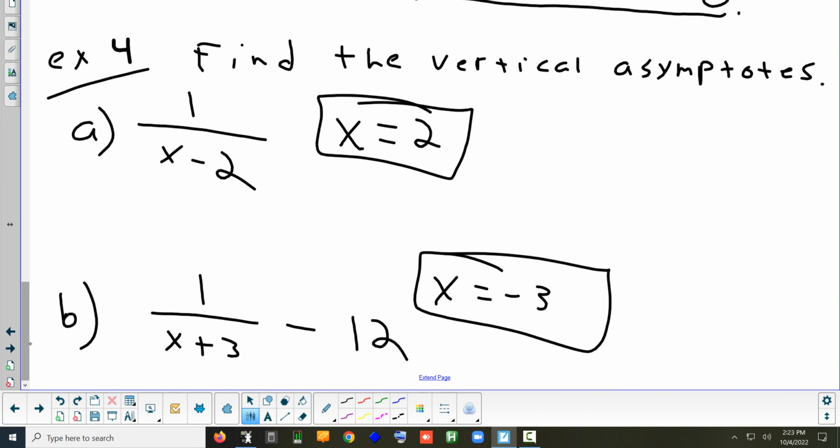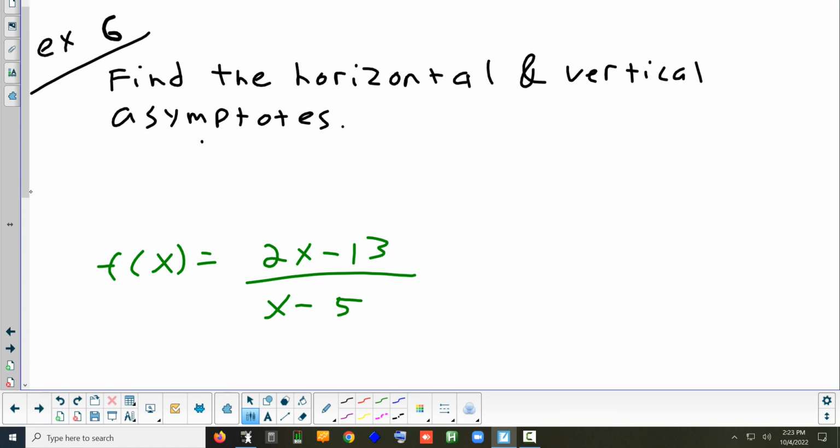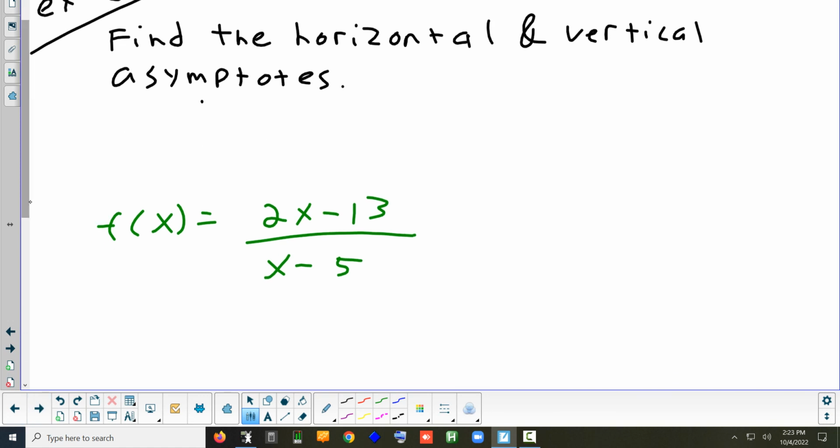This one? 1. It's always been a 1. That's how you always want it to be when you're trying to describe horizontal and vertical asymptotes, if you can. You really don't want to have an x here. You could have a number other than 1. You could have a 2 or a 3. That wouldn't really matter. But what you don't want is an x up here.